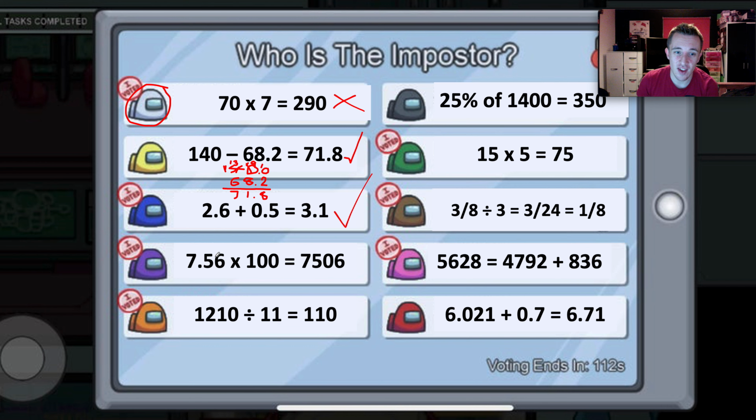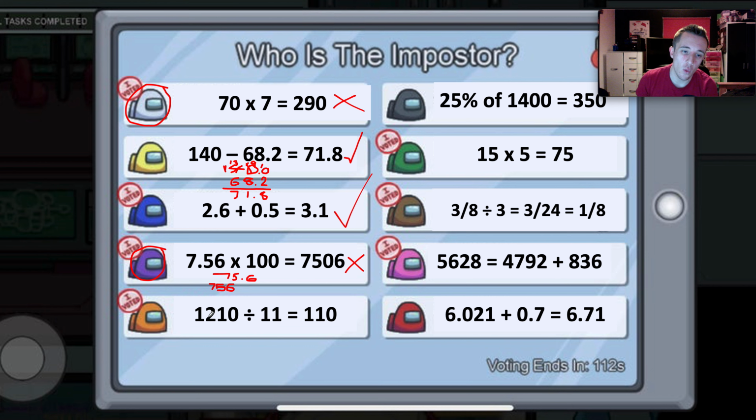If we times it by 10, it would become 75.6, because the numbers all move to the left once. If we're timesing it by 100, they'd move again, which would make it 756. So this is wrong. We've got 2 imposters so far. We have purple and white at the top.